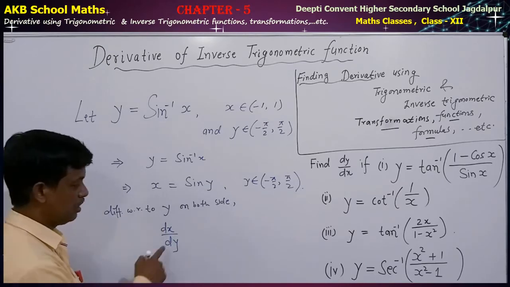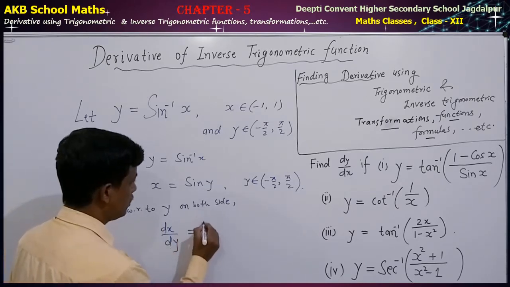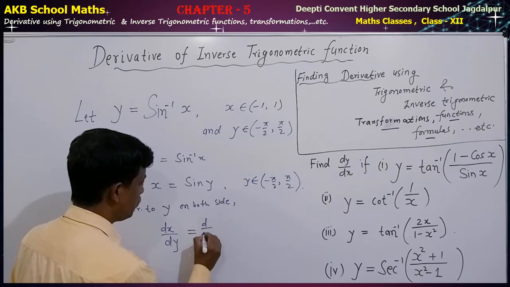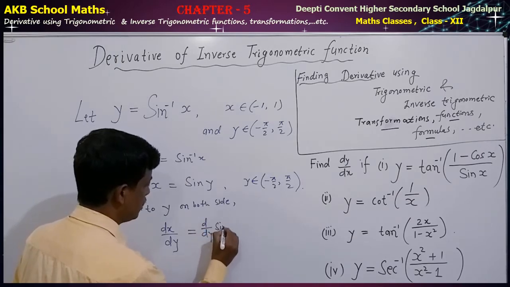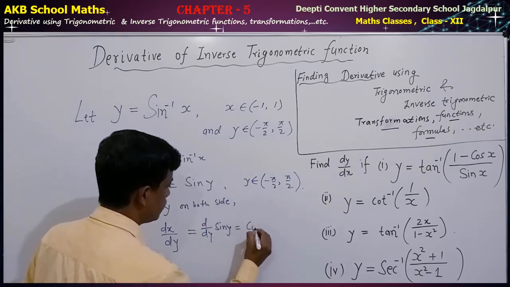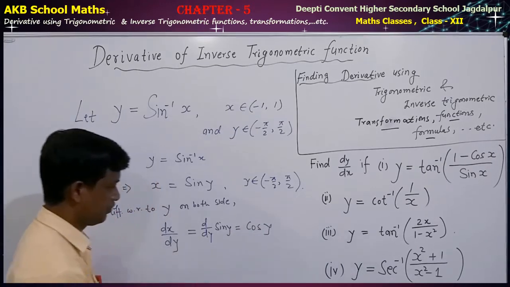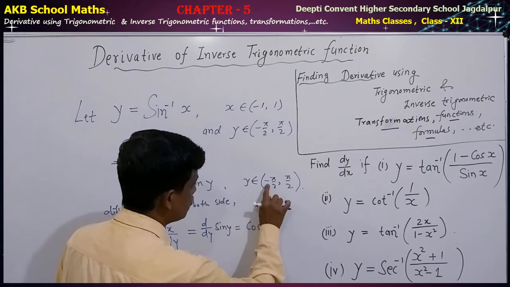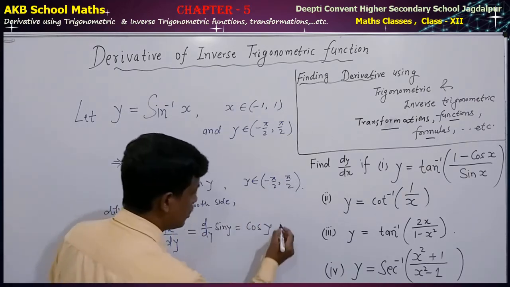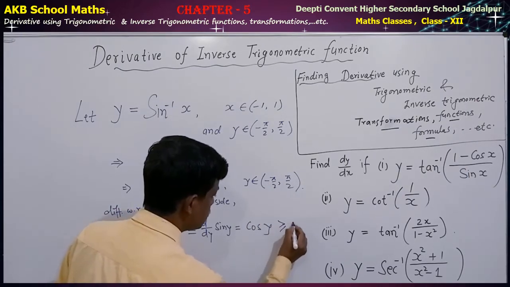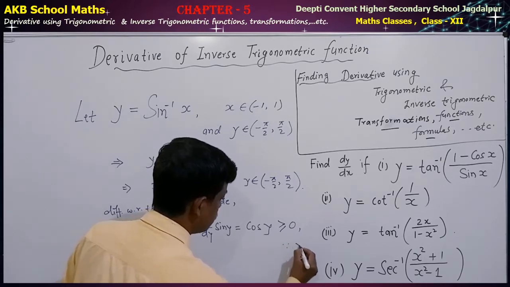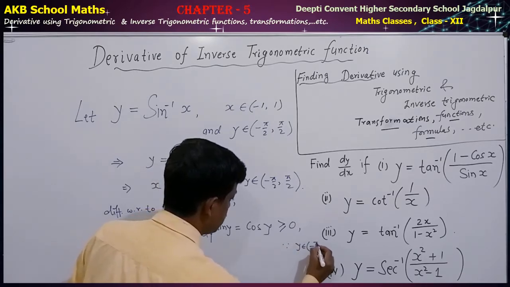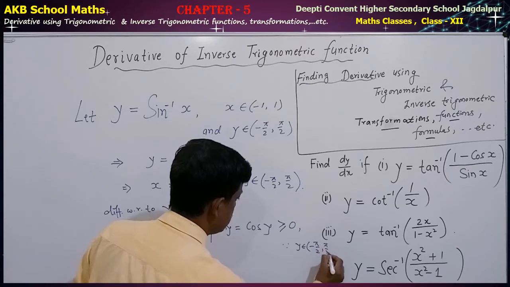dx upon dy, with respect to y. So here d upon dy of sin y, that is what? Cos y. Yes. Now since y belongs to -pi/2 to pi/2, cos y is greater than or equal to 0.